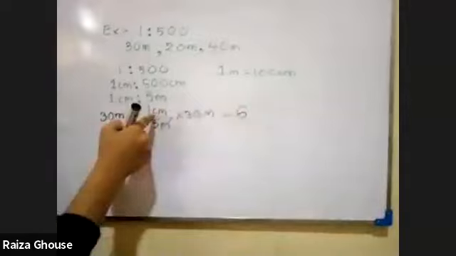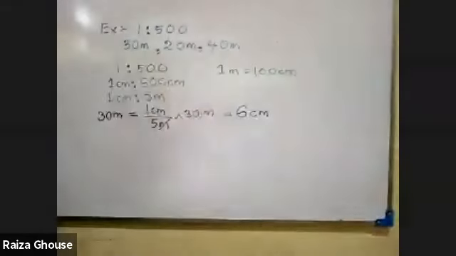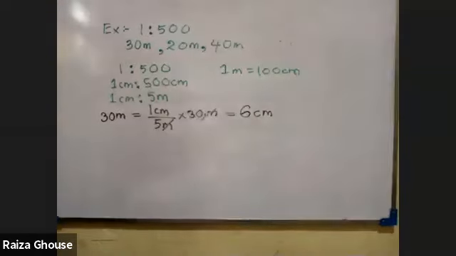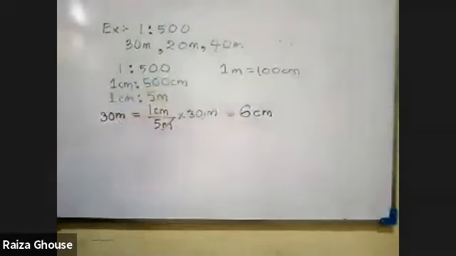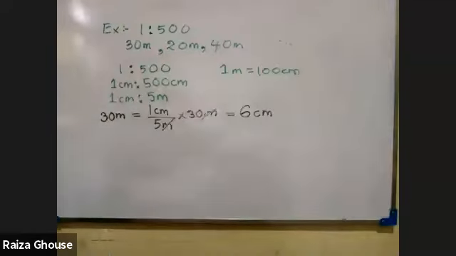And your answer will be in centimeter. Yes, very good. Afifa, very good. Rifana, those two have found the answer. Others tell me, was it clear how to find the scale length when the real length and the scale are given? Okay, it's clear. Very good, children.